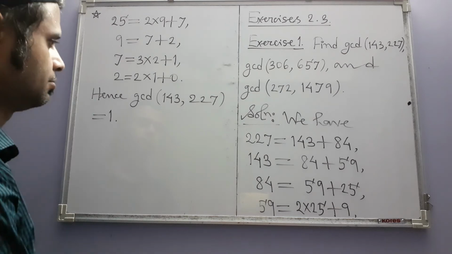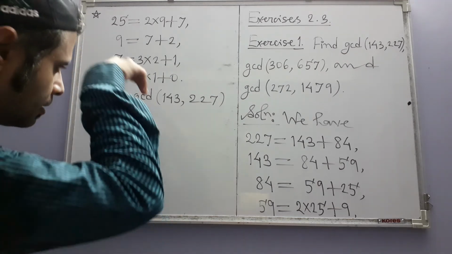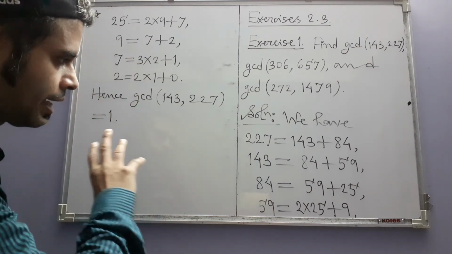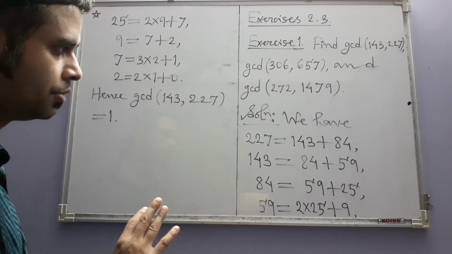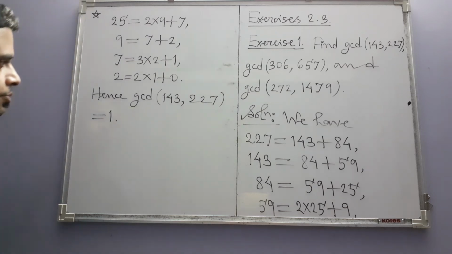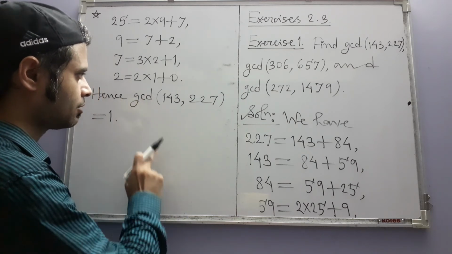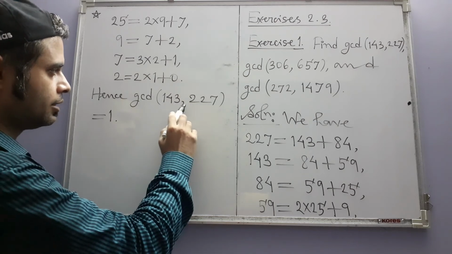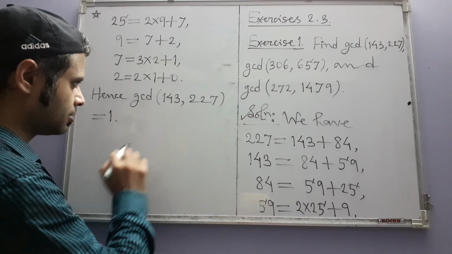There is a shorter way of calculating this GCD. There is another way of calculating the GCD of integers which does not involve the Euclidean algorithm, but instead depends on the prime factorizations of the given integers. Now you don't really need to know the prime factorizations of both integers, at least in this case.